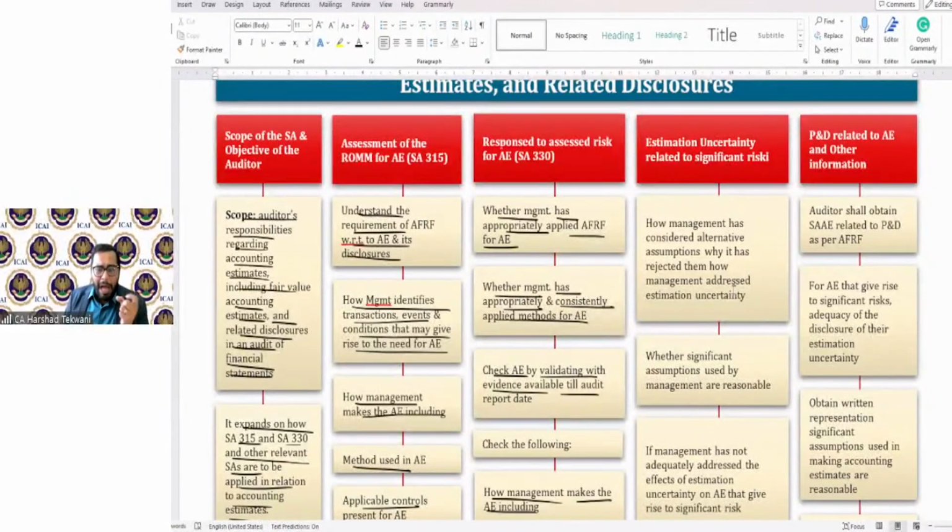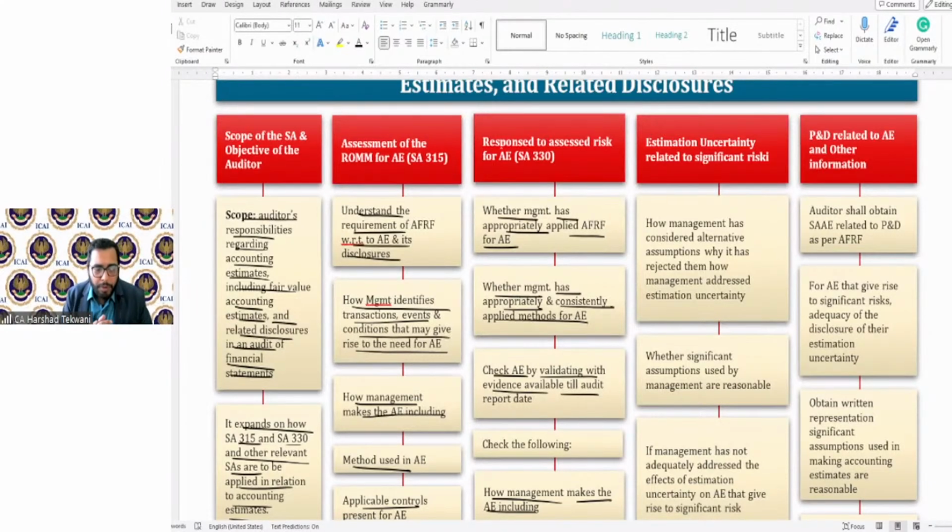Estimation uncertainty means how much uncertainty there is with respect to that estimate. Generally, it's the susceptibility of the accounting estimate and its related disclosure to an inherent lack of precision, meaning how much uncertainty there is with respect to that estimate that I cannot bring precision even by using the method or some data.